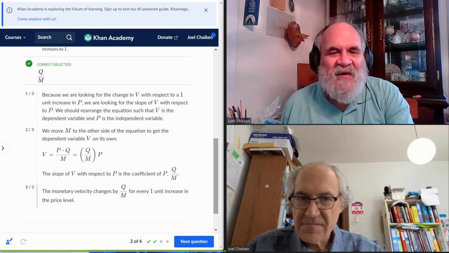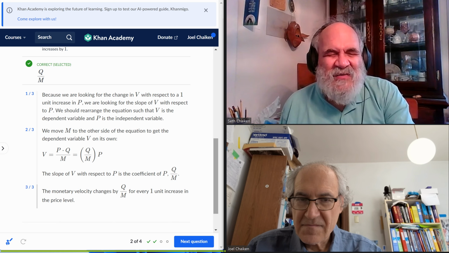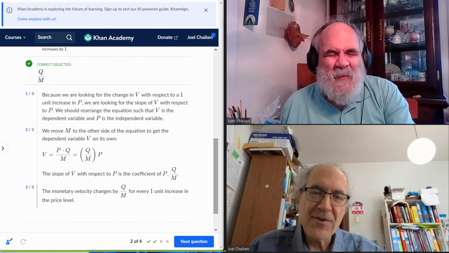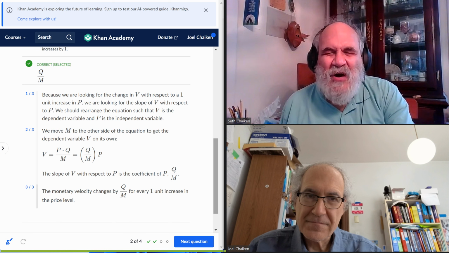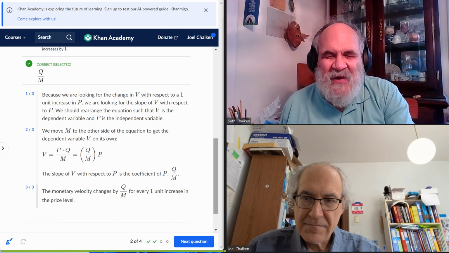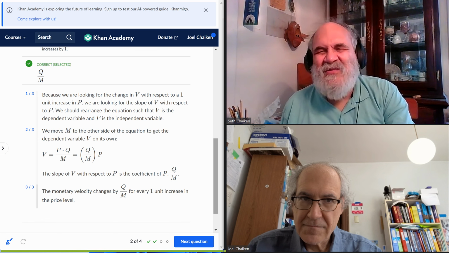In other words, V equals a constant times 1 over P. Well, first of all, that's not linear. We can't talk about a 1 unit increase in P the same way. V is a function of P of the form constant divided by P, and the curve of that does not have a constant slope.